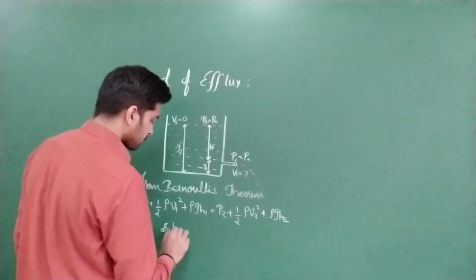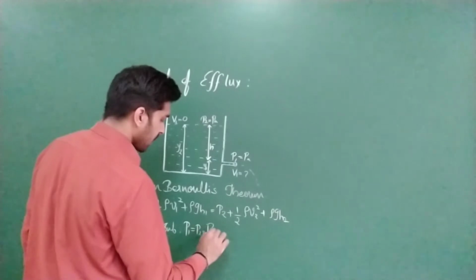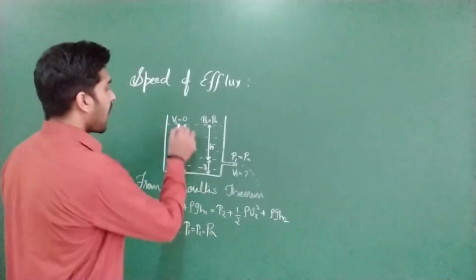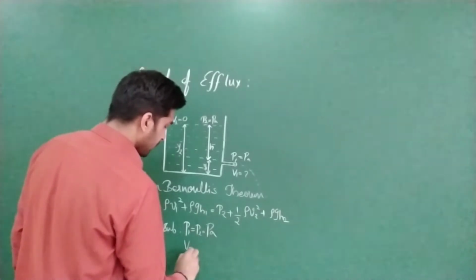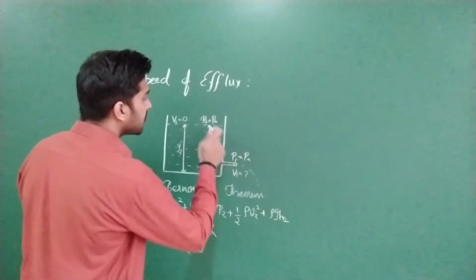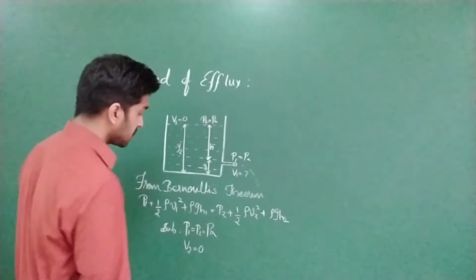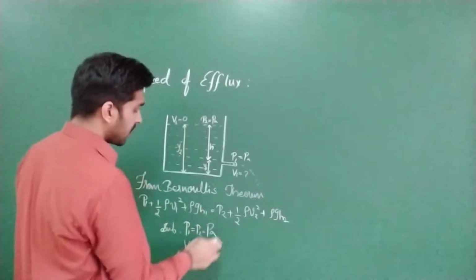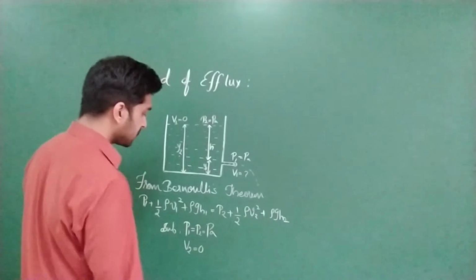Next, at this point velocity is 0, that's why V2 is equal to 0. We substitute P1 equal to P2 equal to PA, which is atmospheric pressure. Next, V2 value at the free surface is 0. V1 we are going to calculate.